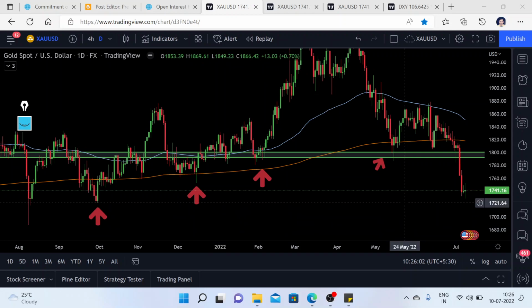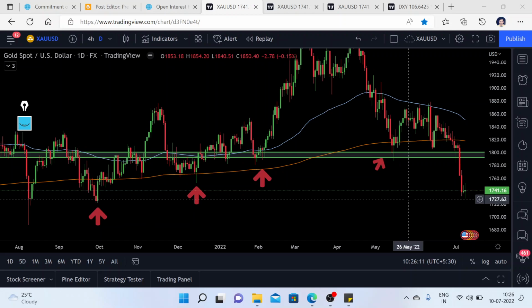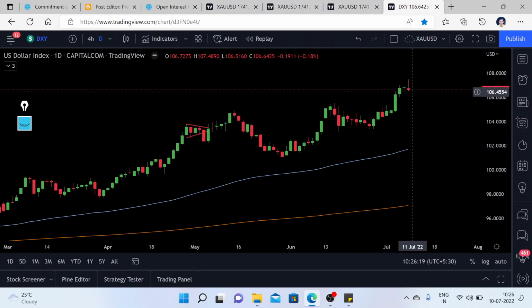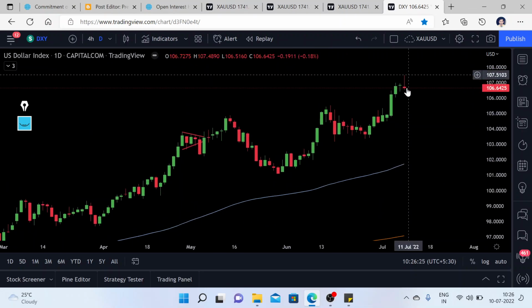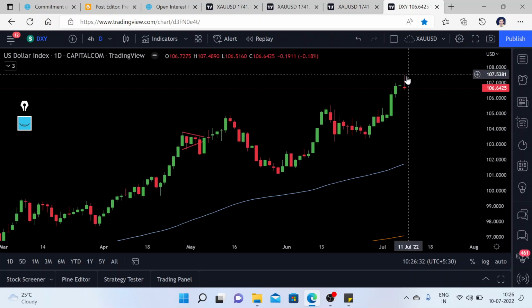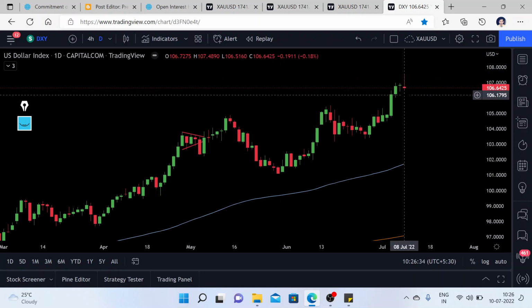From the current price movement and macro environment, which favor gold bears, I can say that at least one lifeline for gold is still there, which you can see on the DXY chart. On this dollar chart, on the daily time frame, we can expect some correction, as the daily candle is showing some rejection.